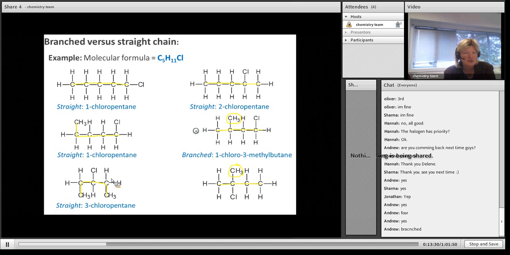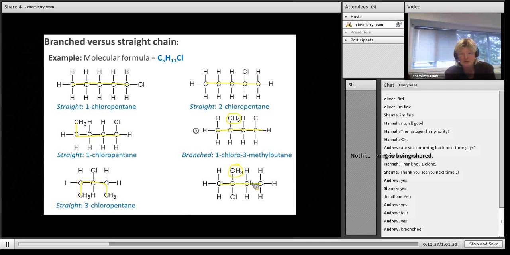Do you think you could identify branched and straight chains? Or if you were told to draw a branched chain alcohol with say 5 carbon atoms in it, you wouldn't draw something like this or something like this because that would be wrong. But if you had this fourth molecule with an OH there instead of a Cl, that would be a branched chain alcohol.